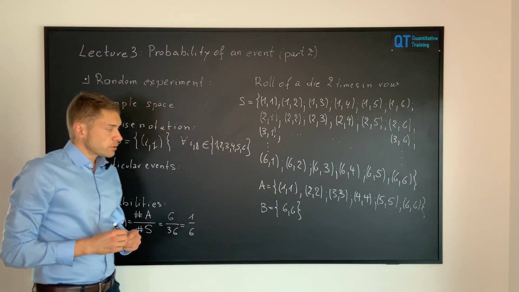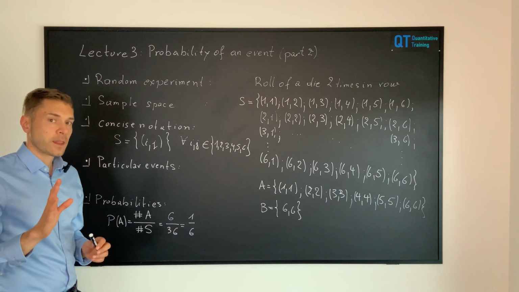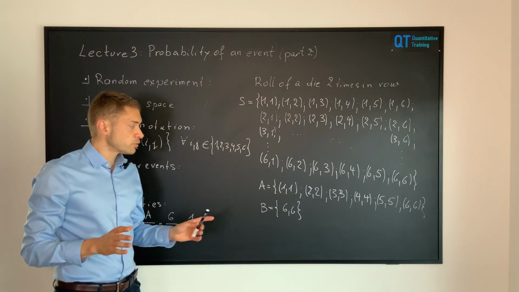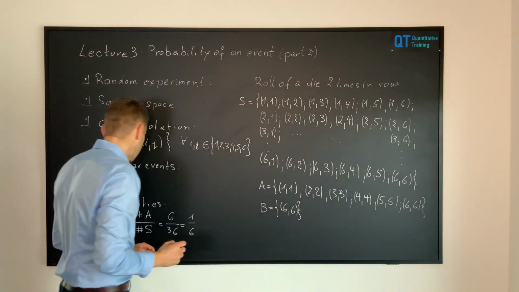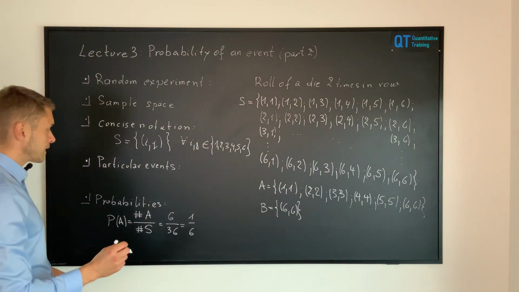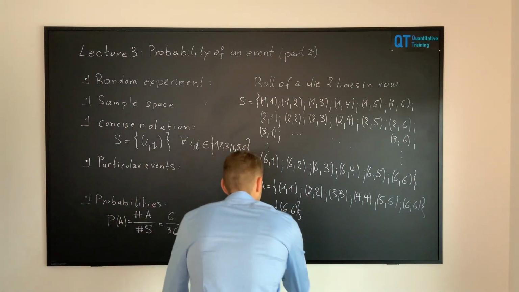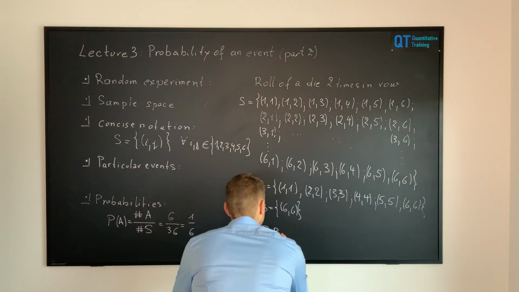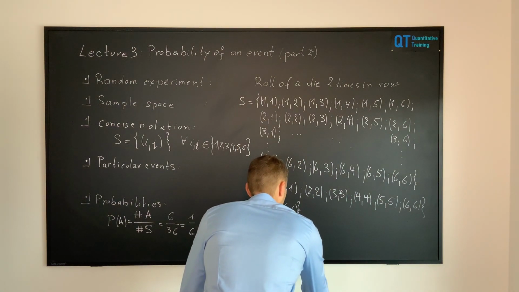As the last question of this lecture, we would like to answer: what is the probability of obtaining 2 times 6? Again, it boils down to a counting problem.